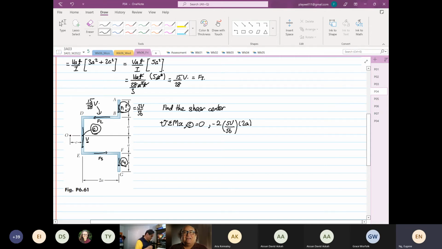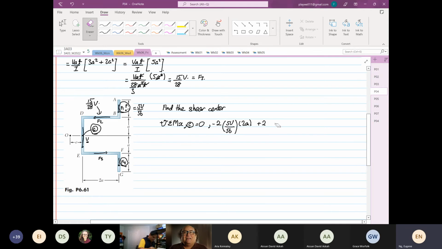Then F2 and F3 relative to point C are both going to generate an anti-clockwise rotation. So plus twice, F2 and F3 are the same, 15V over 28.